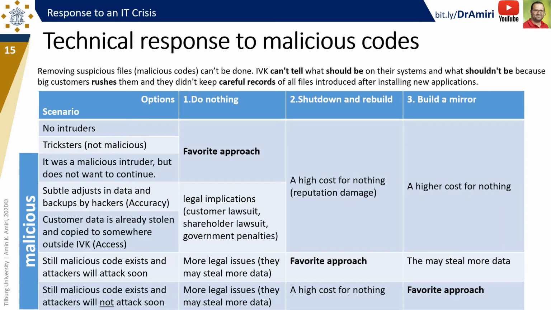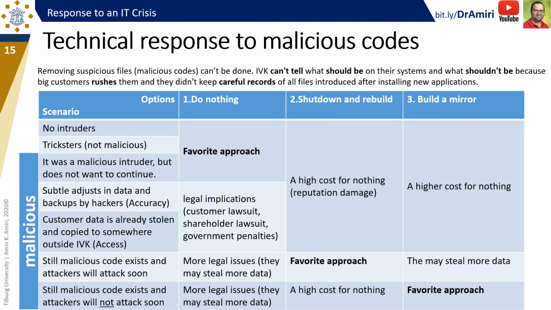The technical response to the malicious codes was a difficult decision. The IT department couldn't figure out the correct way to do that. The reason was that the IT department couldn't tell if the files on the computer were malicious codes or not, because they didn't keep careful records of all files that were introduced while installing new applications.